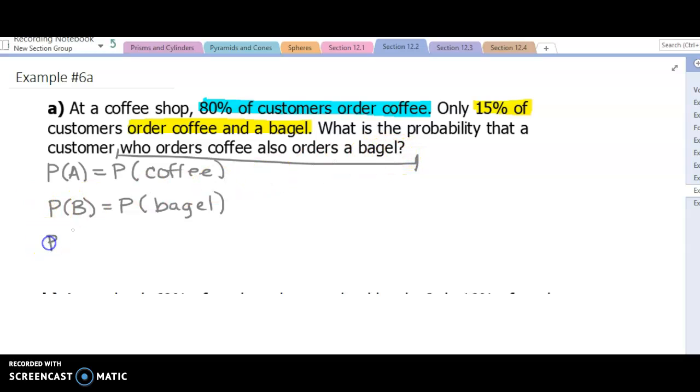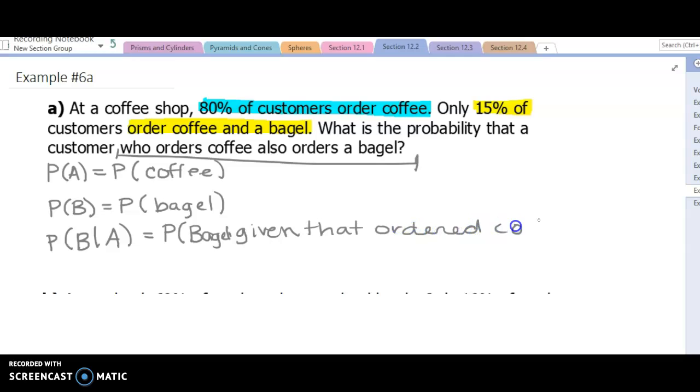So that would be the probability that they order a bagel given that they ordered coffee. This is what we're trying to find. Because we're trying to find this, that should tell us that this is a dependent event. We're only worried about whether they ordered coffee or not when we're getting a bagel.